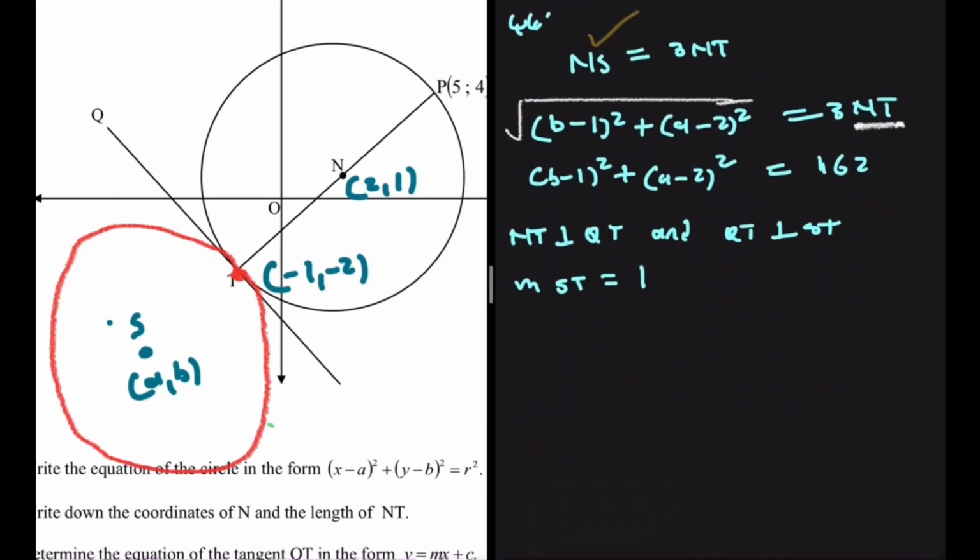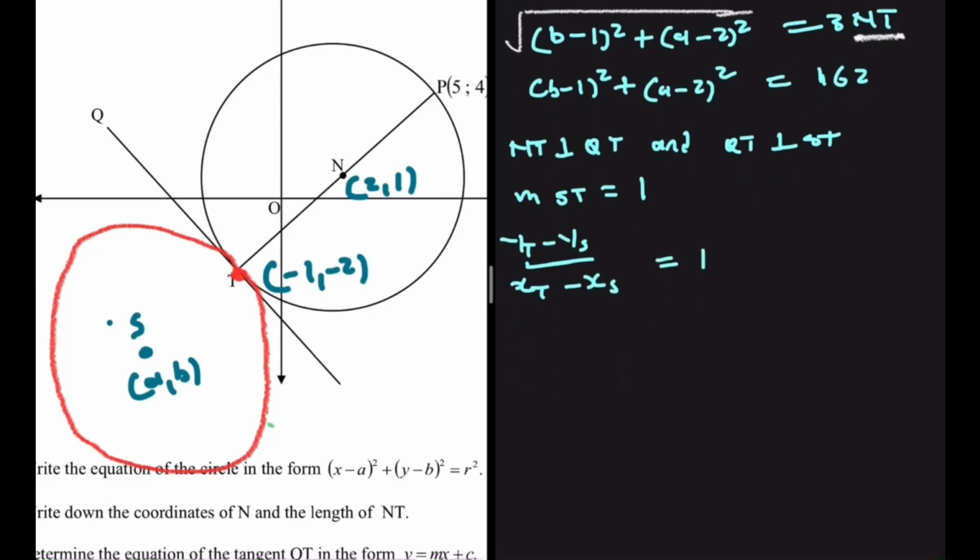We can actually say that y of t minus y of s divided by x of t minus x of s should be equals to 1. So what is y of t? That is minus 2. Y of s, that is b, divided by x of t, minus 1, minus x of s, which is a, being equals to 1.